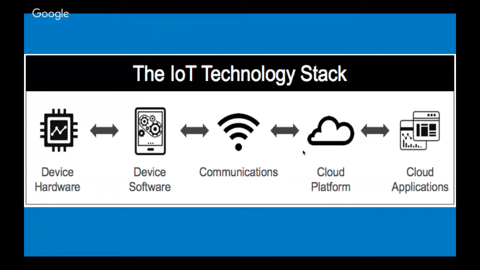We will see in detail what the different types of communication methodologies available are. Then there are different cloud platforms needed to collect the data, and you build cloud applications on top of it, which have graphs or visual interpretations, to derive intelligence and show it to your consumers.